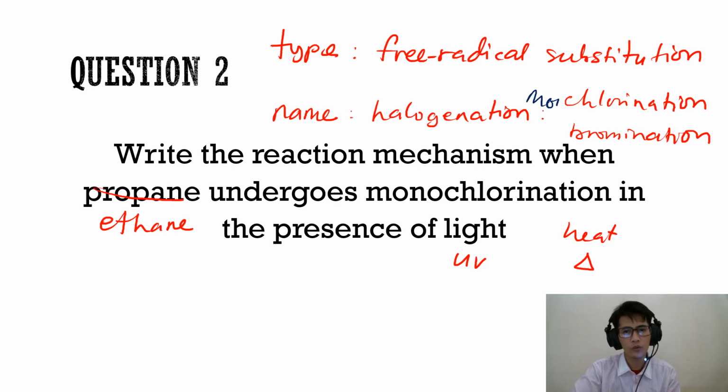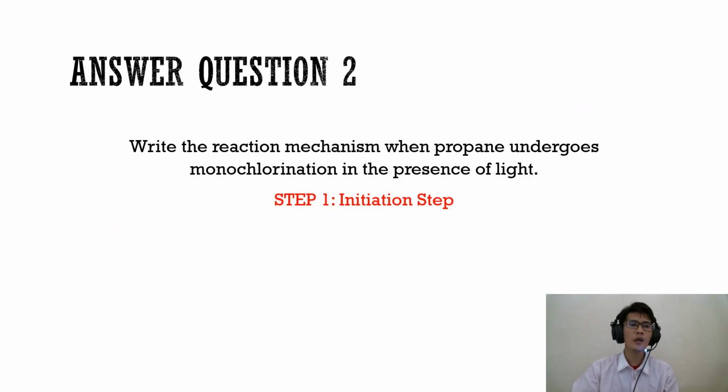So monochlorination. Mono means one. Monobromination. So let's discuss the mechanism. There are 3 steps for the mechanism of the free radical substitution.